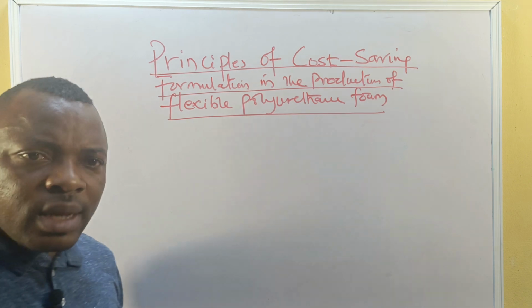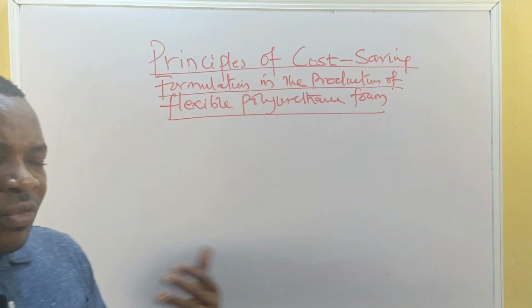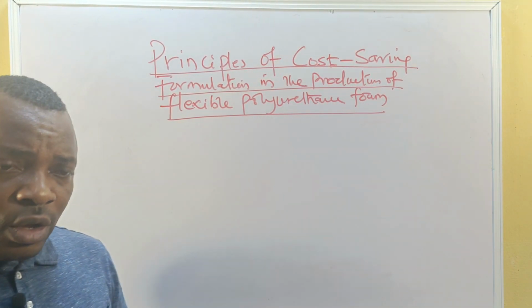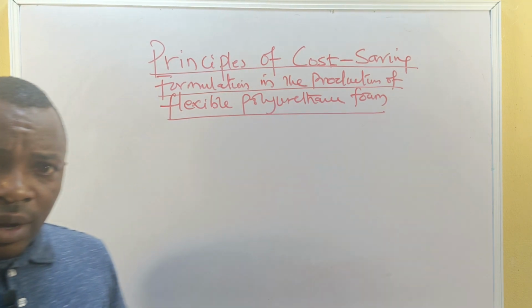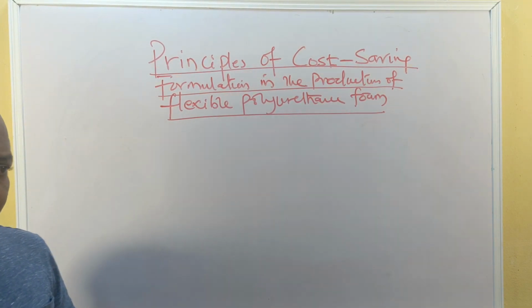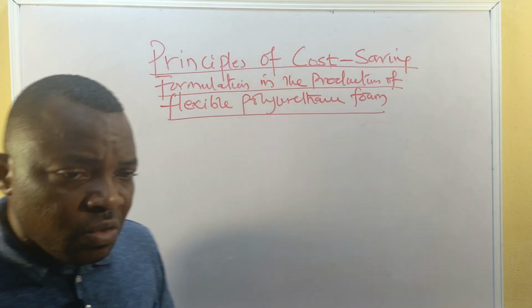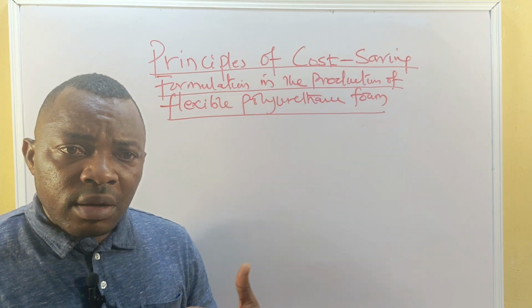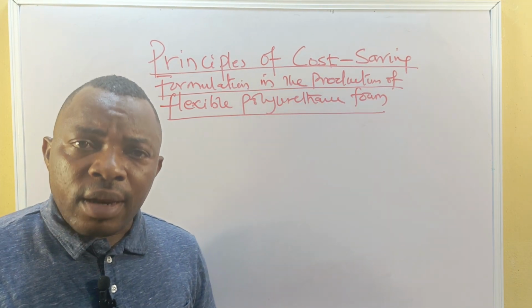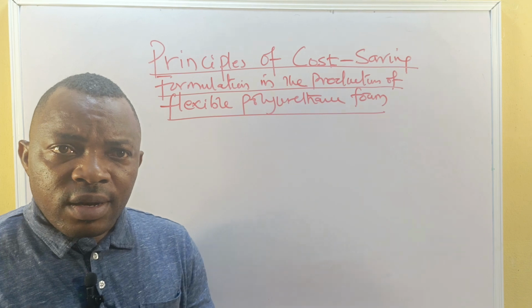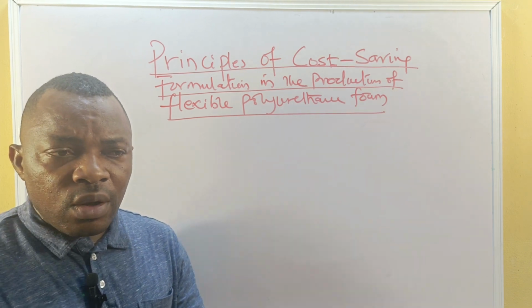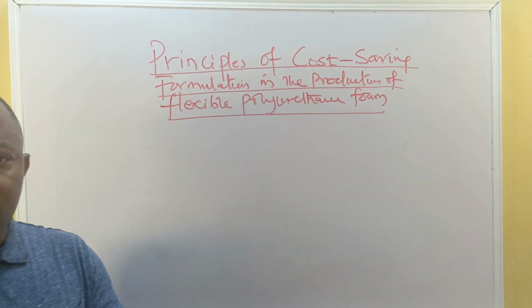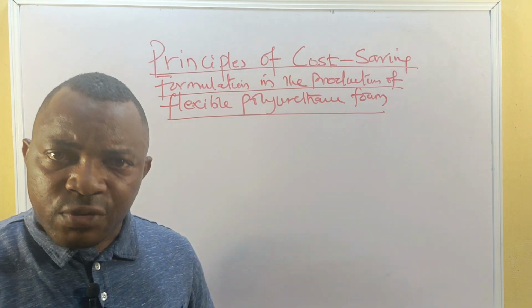Some of our women in the kitchen will use different kinds of ingredients to cook a delicious meal. Some of them will also use them, and the food will not be delicious. So this is the lack of combination of certain proportions of these ingredients to give you that food.